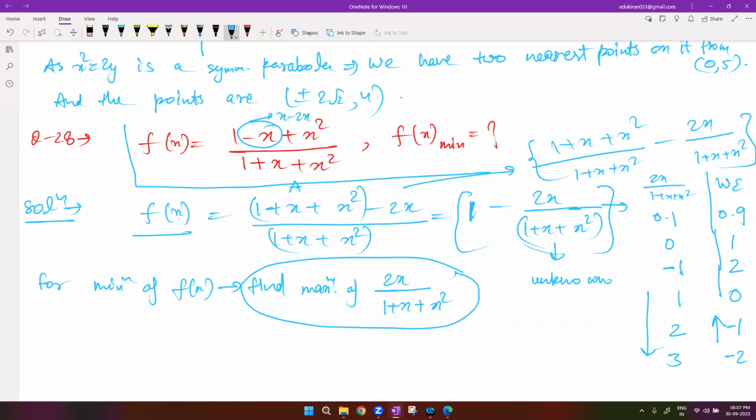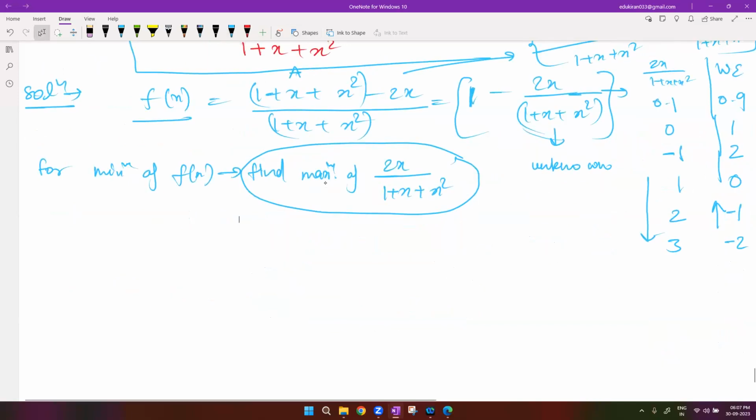Okay. Sure. So while finding the maximum of 2x upon 1 plus x square, how can I do that? Okay. So either this or this. Sure. Now let's try to solve this. Let's say this is g(x).